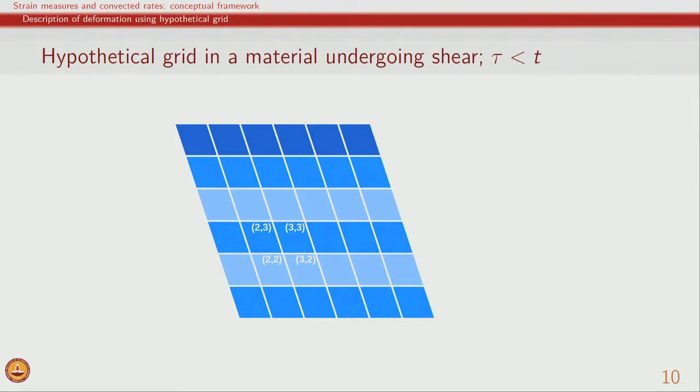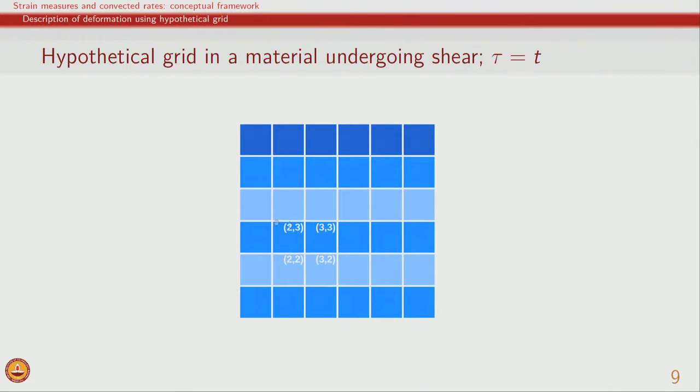Since to come to this present state, clearly, since these particles are moving faster, at some time in the past they must have been to the left. Similarly, the whole set of material points will also move, but at the same time we will also have a little more motion for these particles compared to these.